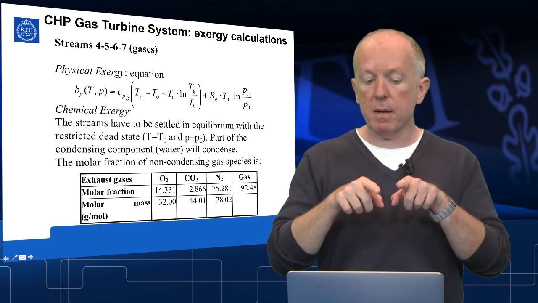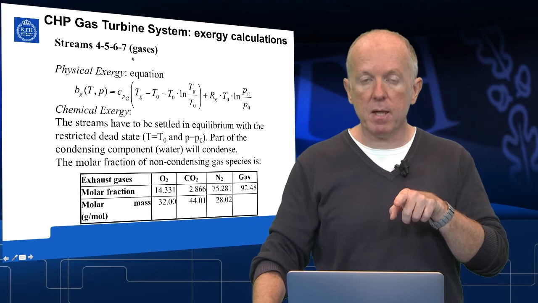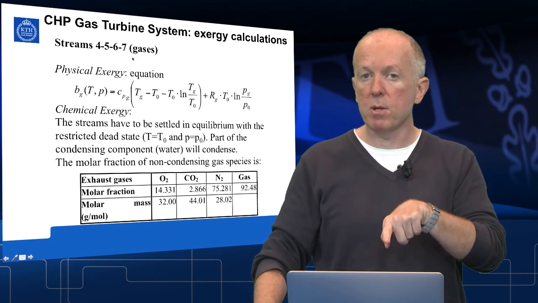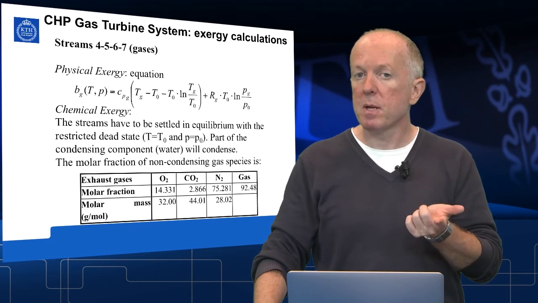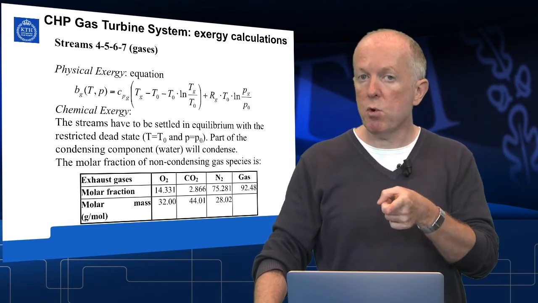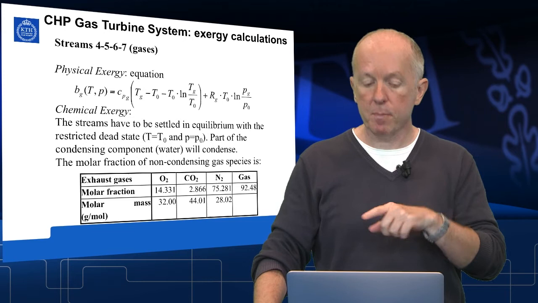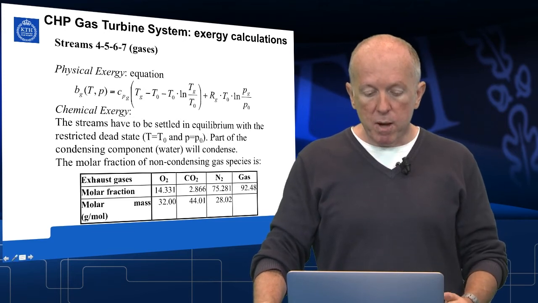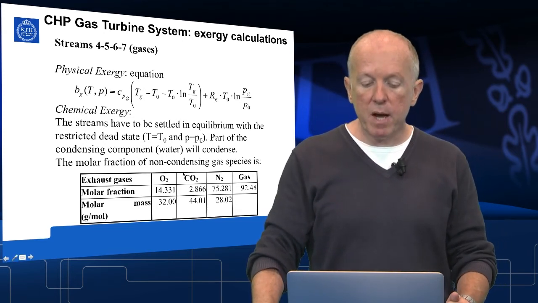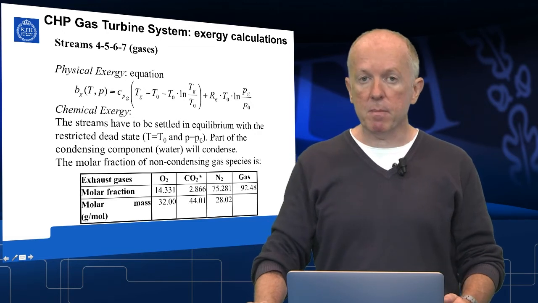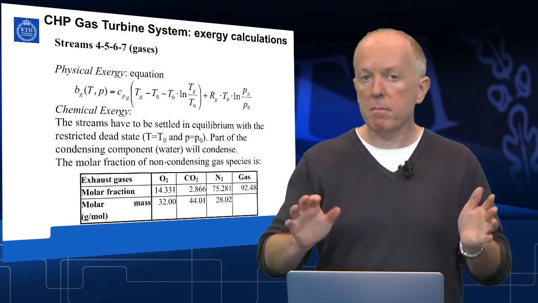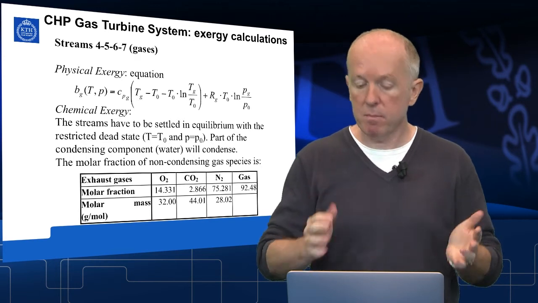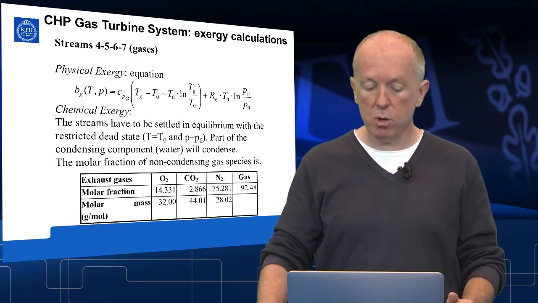This stream of mass in condition 4, 5, 6, and 7, when put in condition T0, will be partially modified, not chemically, but physically. Part of the water will condense. So what we have to do is to consider the molar fraction of the molecules that for sure will not condense, so which are gas in the biosphere condition.